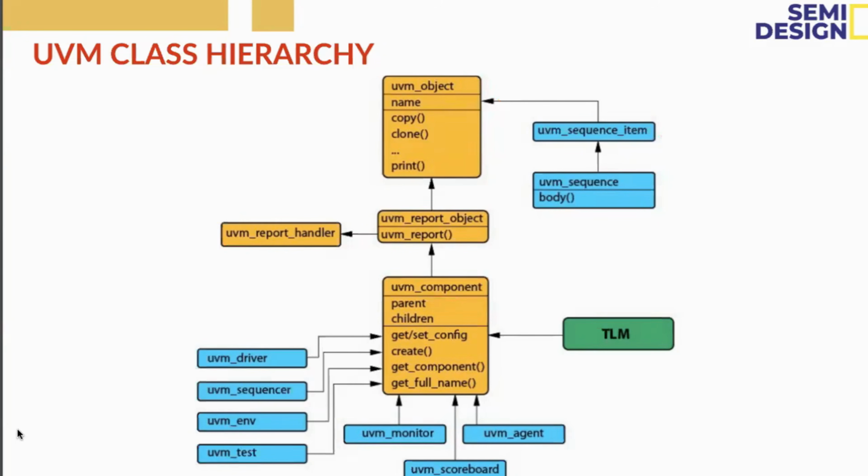UVM component is static in nature. UVM object is dynamic in nature, which means it will exist for a limited time only.